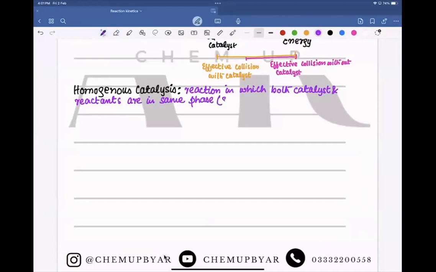And phase means that they are in the same state. For example, if the reactants are liquid, then the catalyst must be liquid or aqueous. If the reactants are solid, then the catalyst must be solid. Is this understandable? Yes, sir.